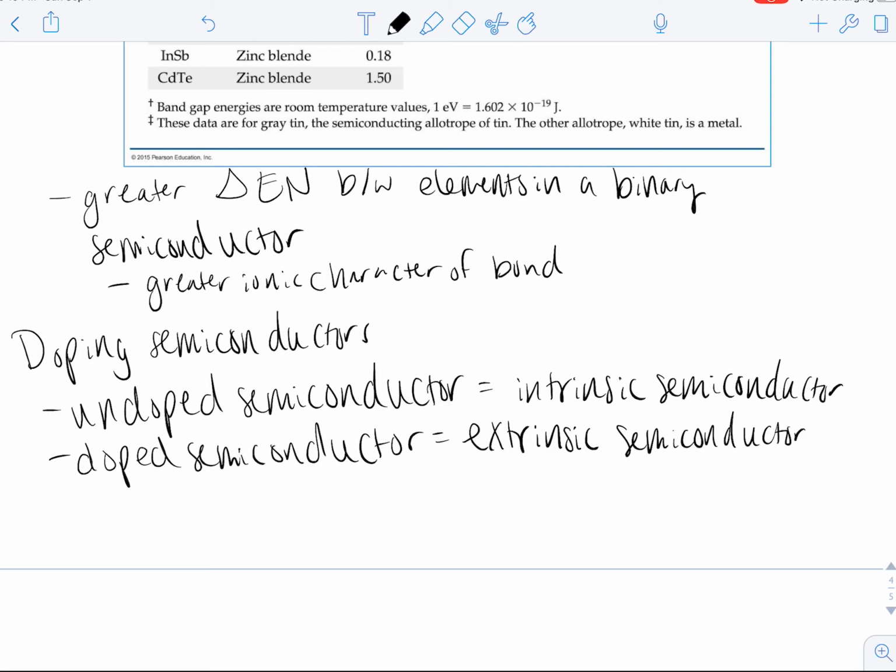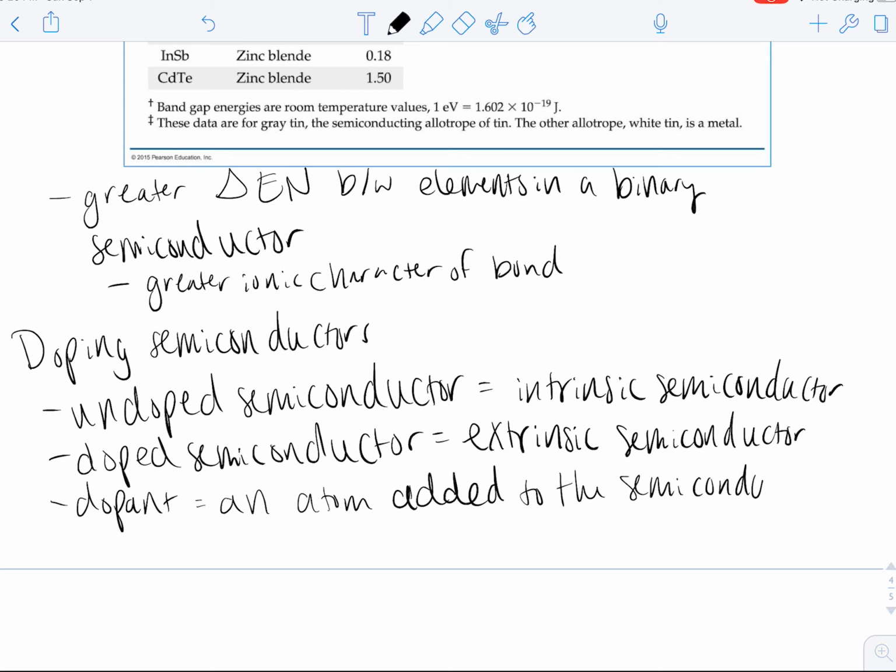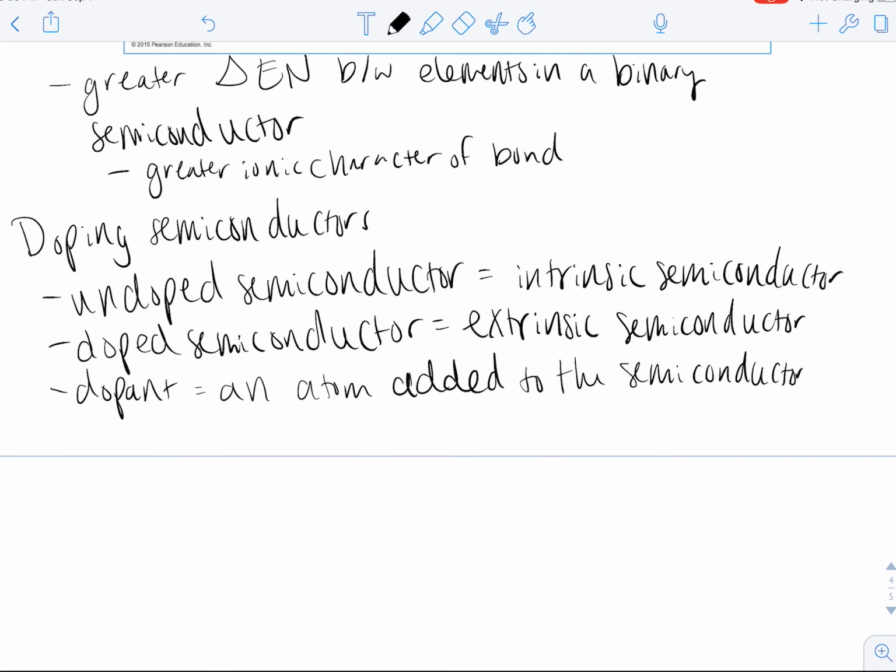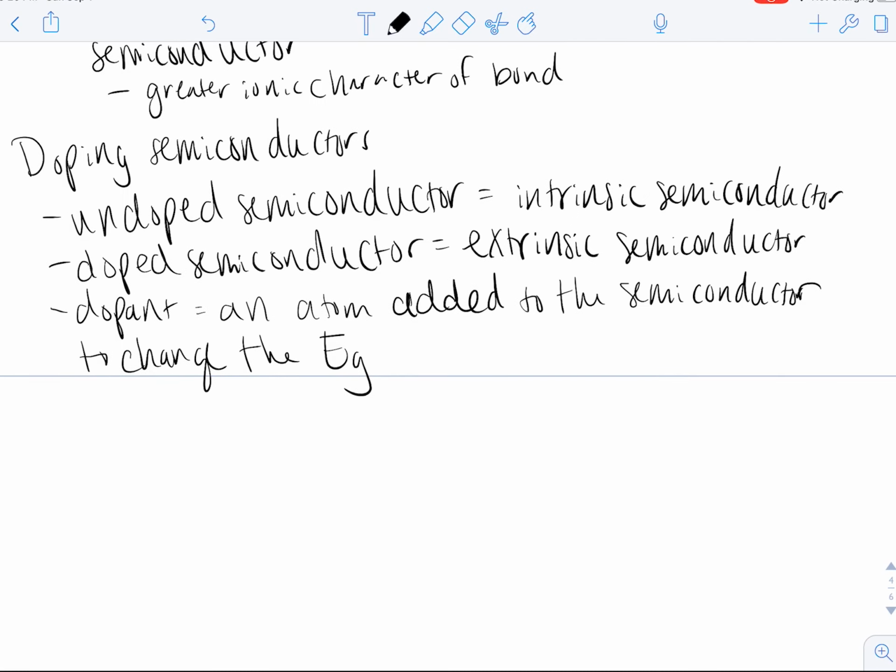A dopant is an atom added to the semiconductor to change the band gap. And when we change the band gap, we change the electronic properties.